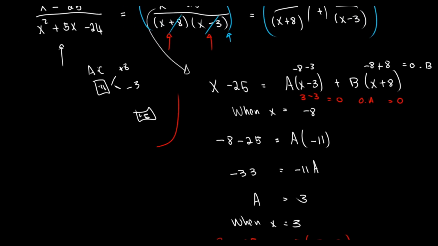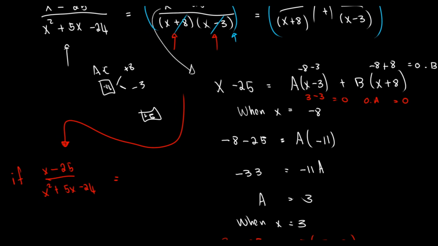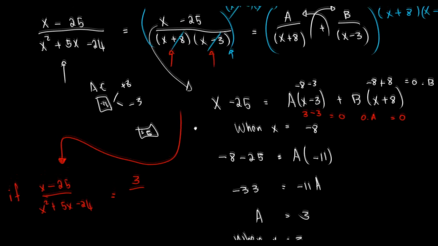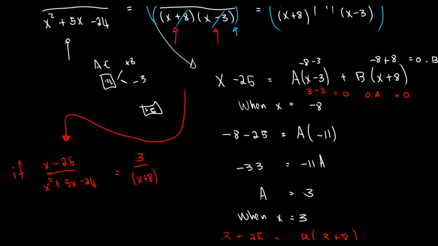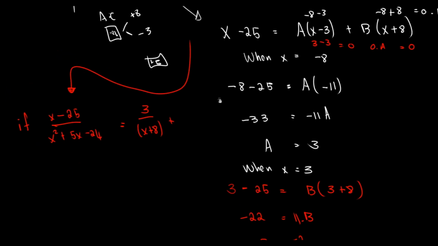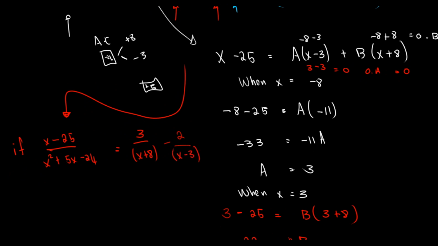Okay, even though I'm going to finish my equation over here, I can say now x minus 25 over x squared plus 5x minus 24 is equal to, and I just calculated a is 3, so 3 over x plus 8, plus, oh no, it's going to be minus because we have a negative 2, minus 2 over x minus 3. And this entire statement will be my final answer.